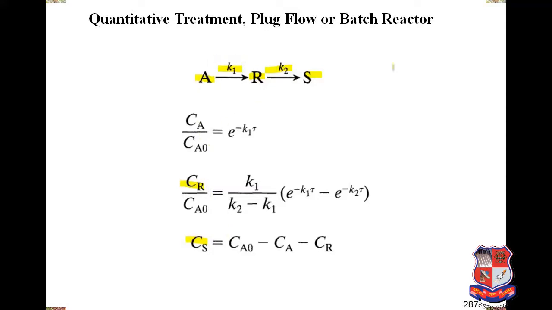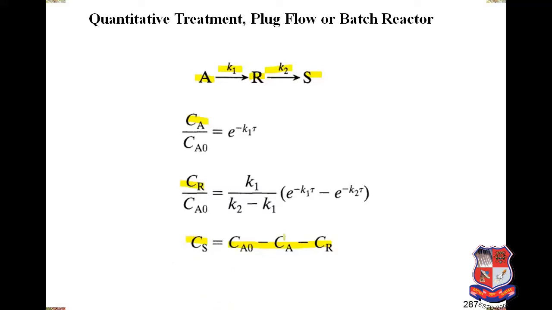So if I carry out a reaction in a particular reactor, the outlet concentration in the outlet stream can be defined based on these three correlations. What is the concentration of A, R and S? Fine. This is simply a balance at any point of time, because 1 mole of A gives me 1 mole of R, and 1 mole of R gives me 1 mole of S. So if you start with CA0 equal to some number, and CR0 and CS0 are 0, then definitely at any point of time your total number of moles is going to be equal.